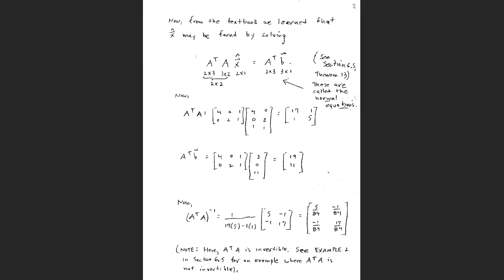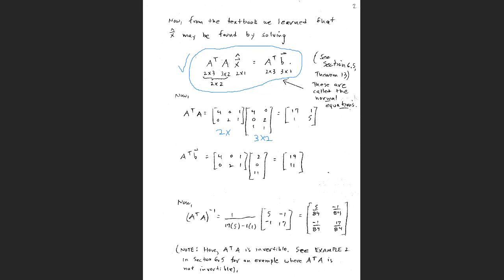The normal equations come from this matrix equation: A transpose times A times x hat equals A transpose times b. So it's really computational. A transpose times A, well, remember, A was a 3 by 2, and A transpose is therefore a 2 by 3.